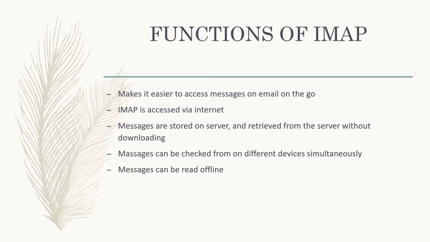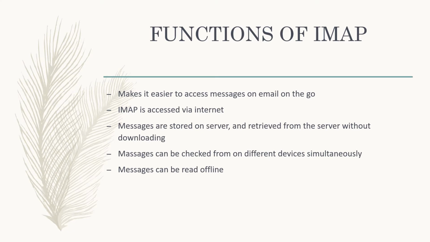With POP3, the messages are actually downloaded from the server. So for POP3, you actually have to download it first from the server before it can be used. But for IMAP, it does not need to be downloaded, so it is very instantaneous, and you are able to get your message without having to wait for a long period of time.